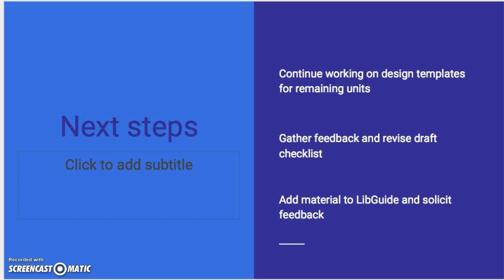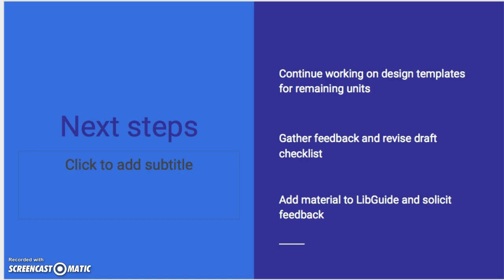So next steps. I'm going to continue to work on design templates for the rest of the class. This is a new class, so I'm really starting pretty much from scratch between the blended thinking about what I can ask students to do and also a change in the information literacy framework for colleges and universities.